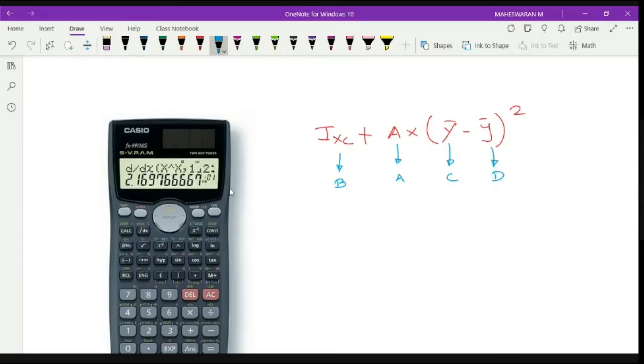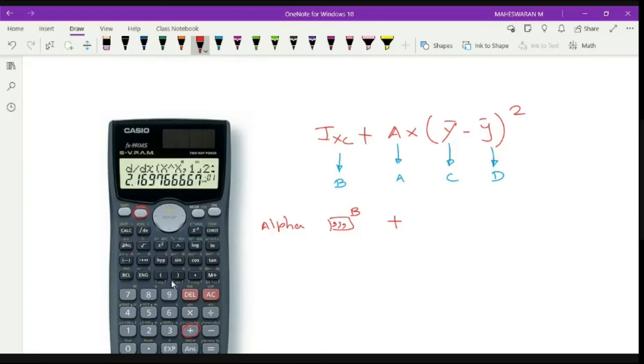Right? So the procedure is same. Click alpha, then B. So this button B, then plus.